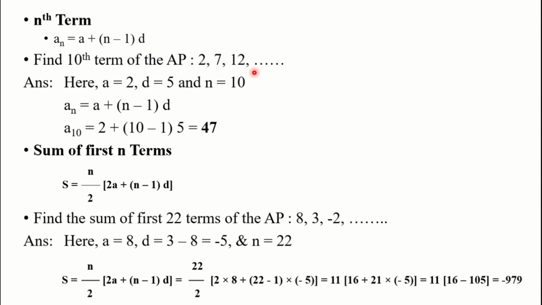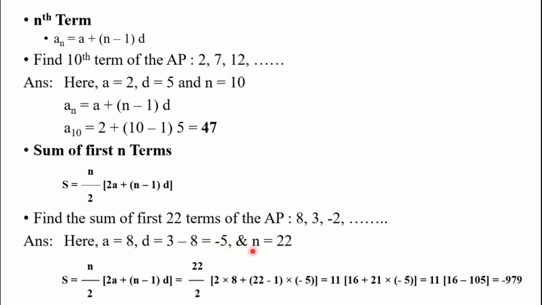Another type of example is finding the sum of the first n terms. How can we find it? The formula is S equal to n by 2 times 2a plus n minus 1 times d. For example, find the sum of the first 22 terms of the arithmetic progression 8, 3, minus 2. What is given? The first term is a equal to 8. d is the difference between a term and its preceding term: 3 minus 8 is minus 5, minus 2 minus 3 is minus 5, so the common difference is minus 5.